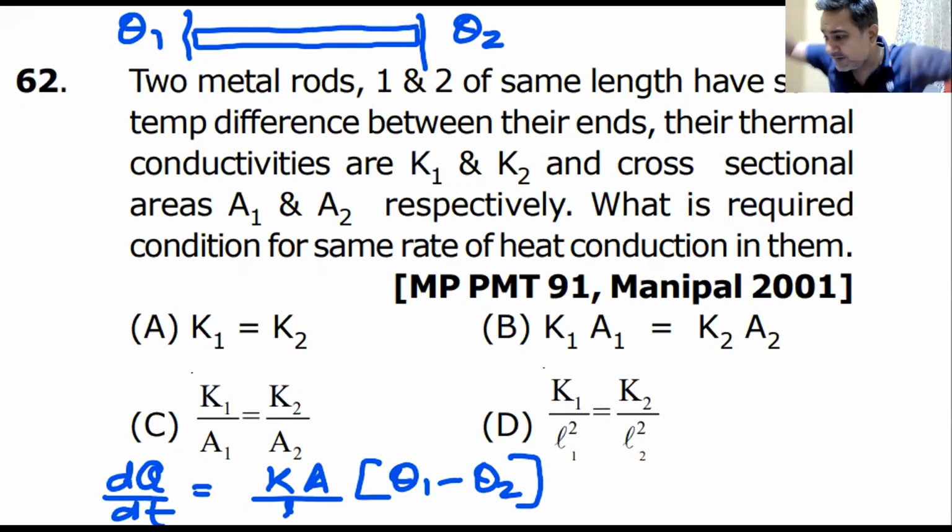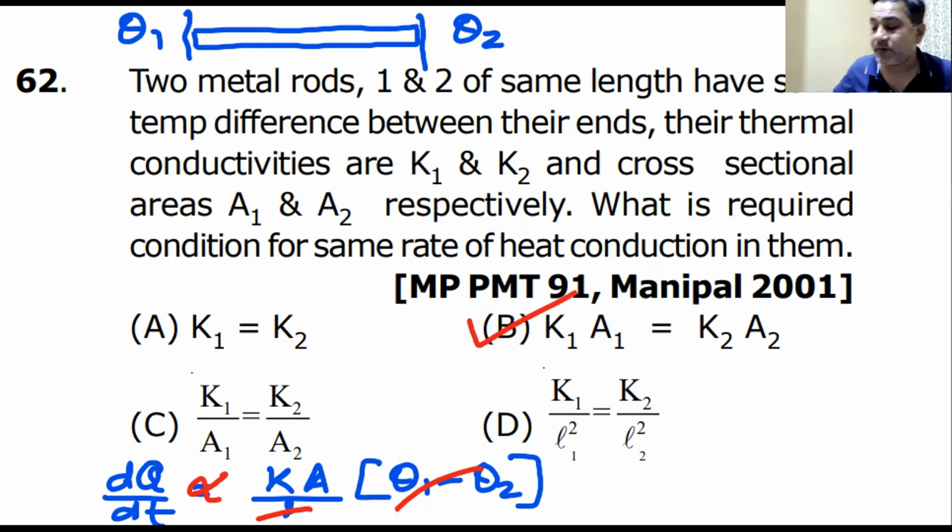Yes or no? Raise hands will let me know. Yes, sir. Now here, as you can see, the temperature difference is same, so this cuts away. The length is same, so this cuts away. So basically my heat current is proportional to K multiplied by A. I want the same heat current in both the rods. They might be in parallel. Heat current is proportional to K into A, and therefore the correct option is option number B. Do we understand this?